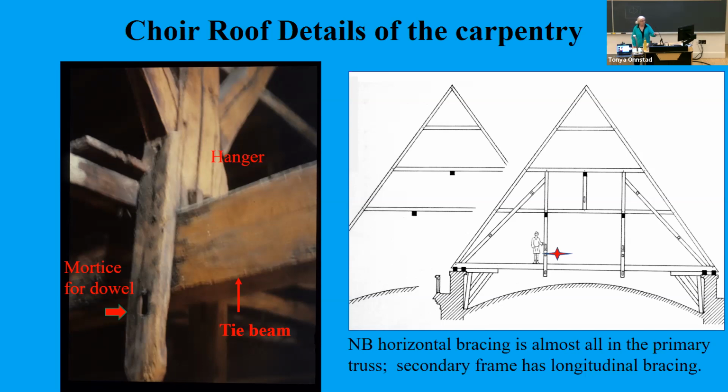And this is what the master carpenter devised as part of the stabilization. It's just brilliant. And from this point on, we see this replicated over and over and over.